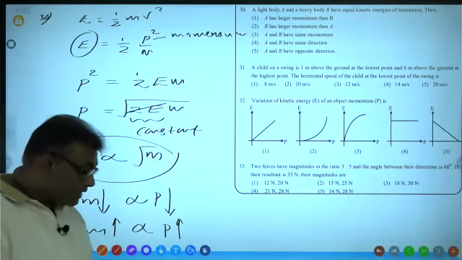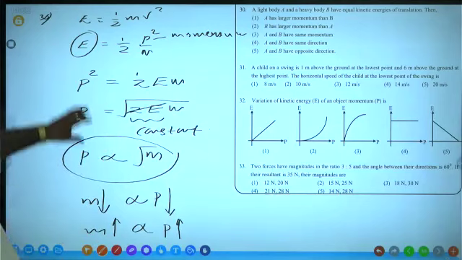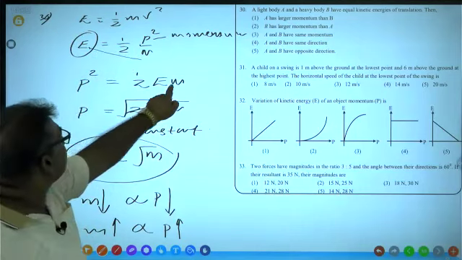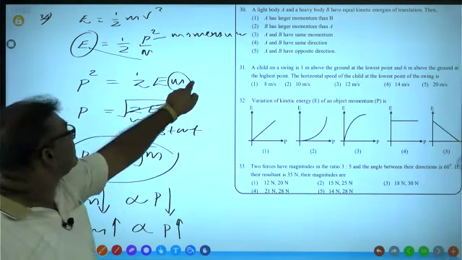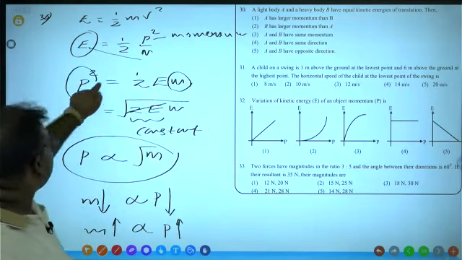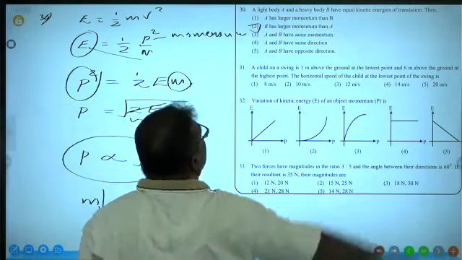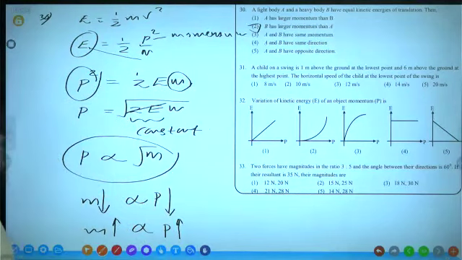As the kinetic energies are equal, this one goes to this side. B has larger momentum than A. The best answer is the second one, right? Okay, number 30, the correct answer is the second one.